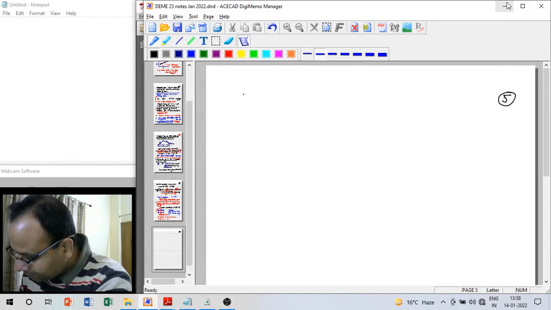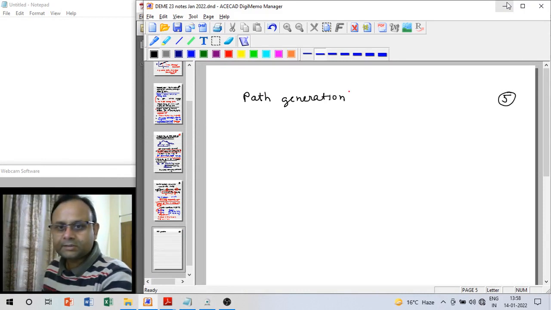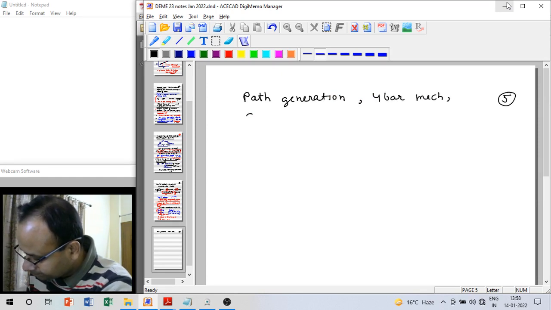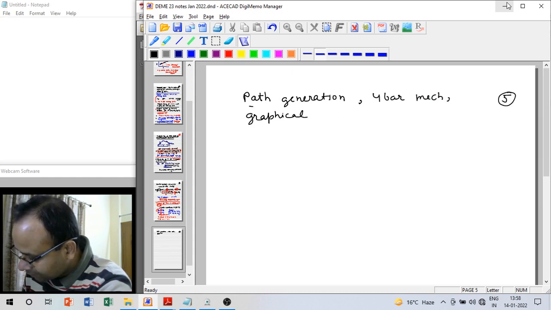Let us look at a synthesis that has path generation and four-bar mechanism, and the graphical approach.